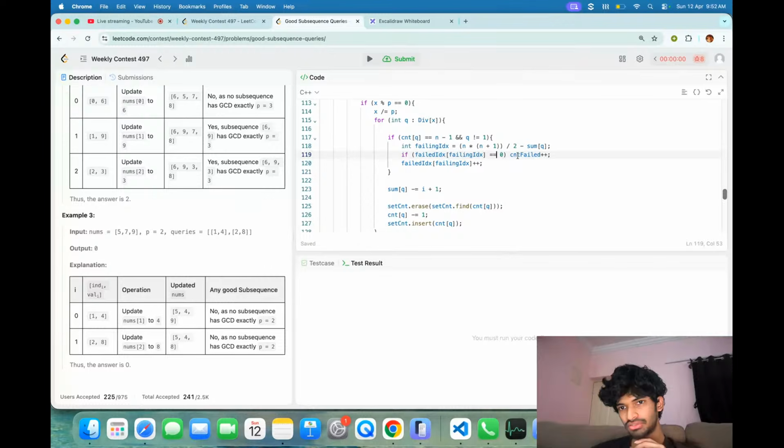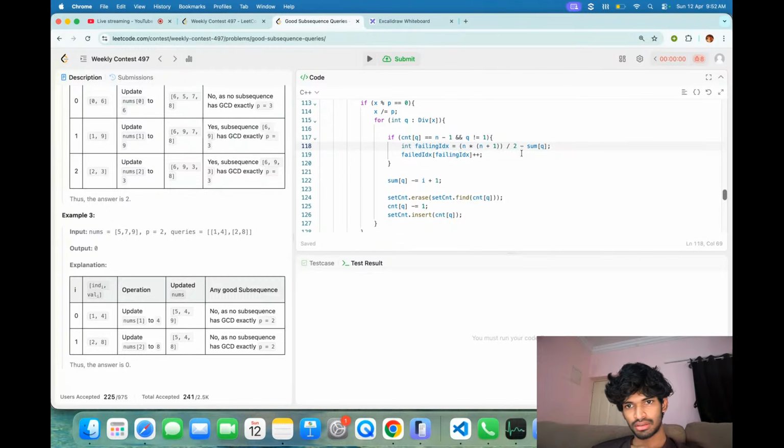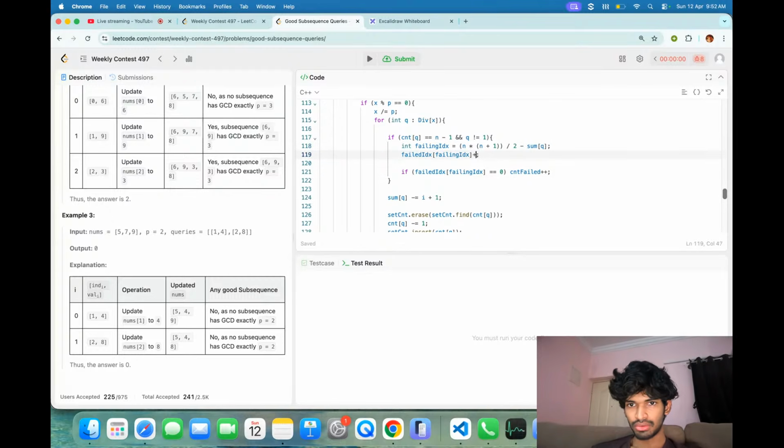This we might have marked as fail, right? But now if it becomes 0, it is free again.